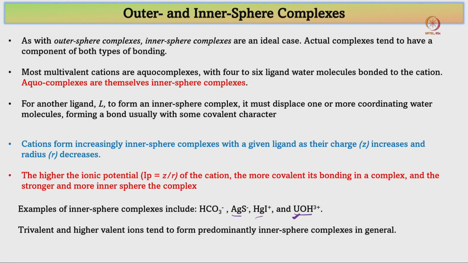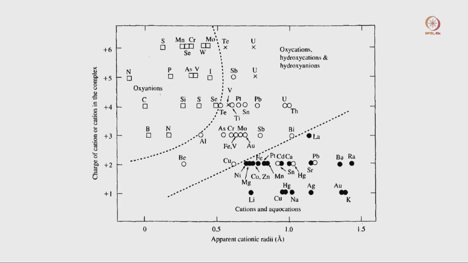Therefore OH, which is the most common inorganic ligand, will replace one of the water molecules and come inside the inner sphere. So trivalent and higher valent ions tend to form predominantly inner sphere complexes in general.